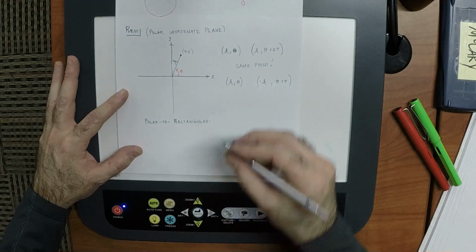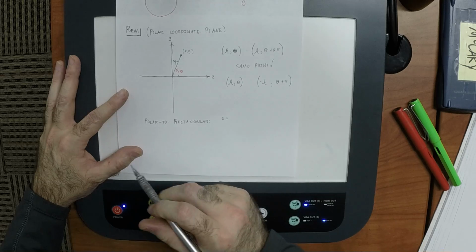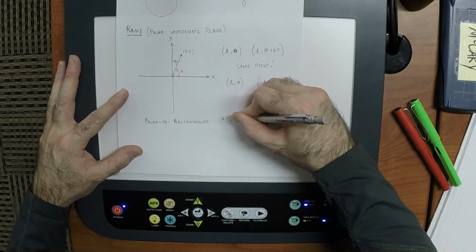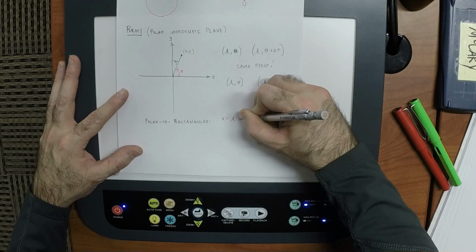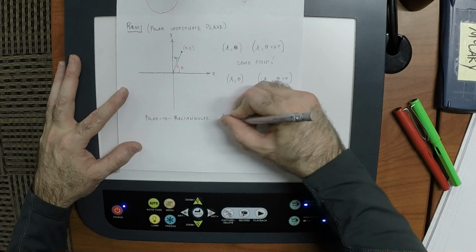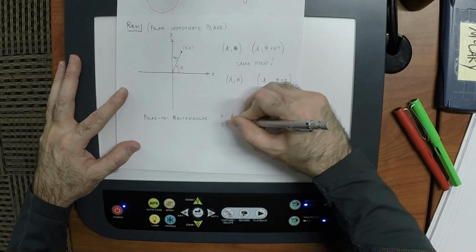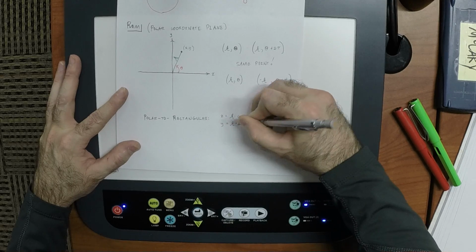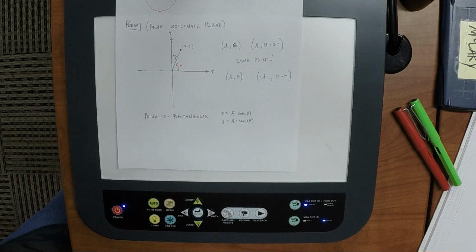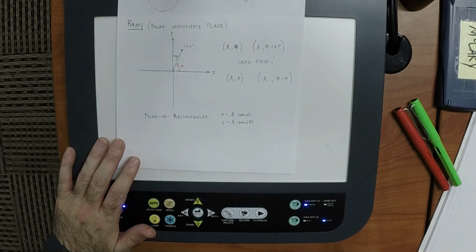What would x be? Yeah, it would be r multiplied by the cosine of theta. And what would y be? r sine of theta. So if you had points given in r, theta, then you could get them back to x's and y's using this.